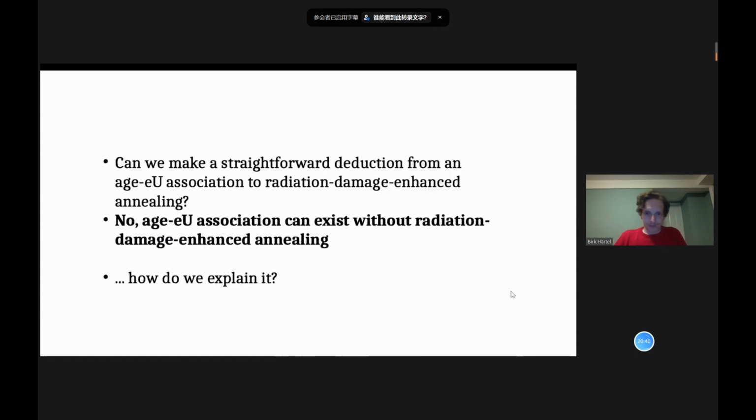So actually, we cannot make a straightforward deduction of radiation damage enhanced annealing from an age-eU association, because age-eU association can exist without any radiation damage enhanced annealing.